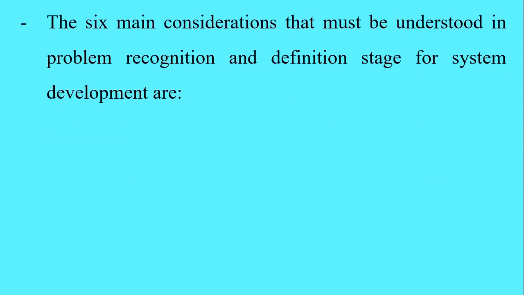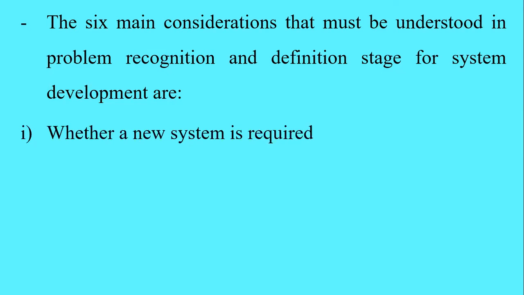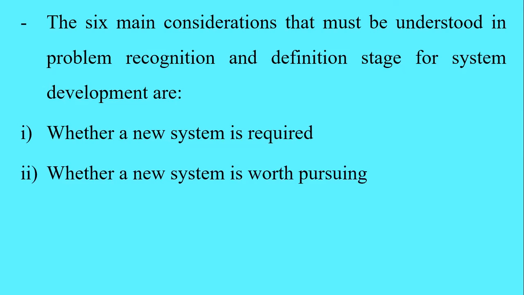The six main considerations that must be understood in the problem definition and recognition stage for the system development are: number one, whether a new system is required. Number 2 is whether a new system is worth pursuing. Number 3 is the scope of the project.